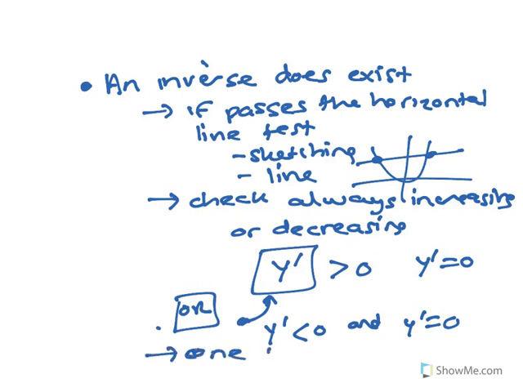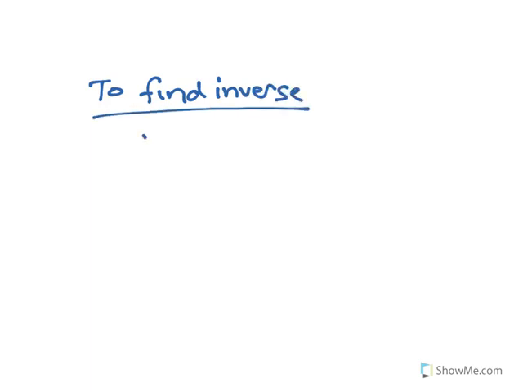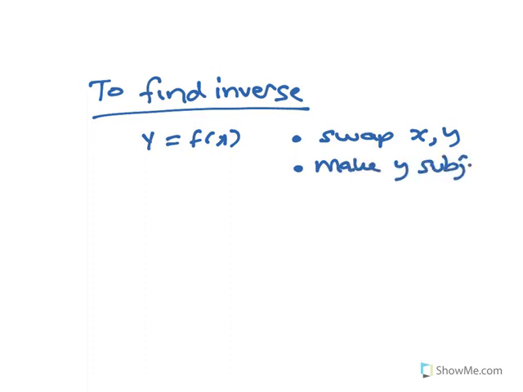Check if it's 1-to-1. So for every x, there is only one y value, and for every y, there's only one x value. So to actually find the inverse function, so you've got y equals f of x. The steps are, you swap the x and the y, and then you make y the subject.